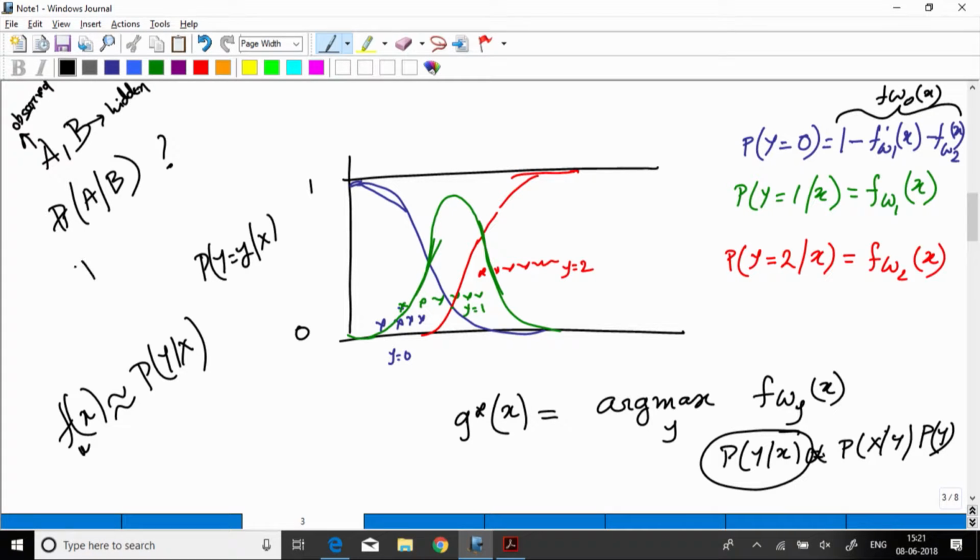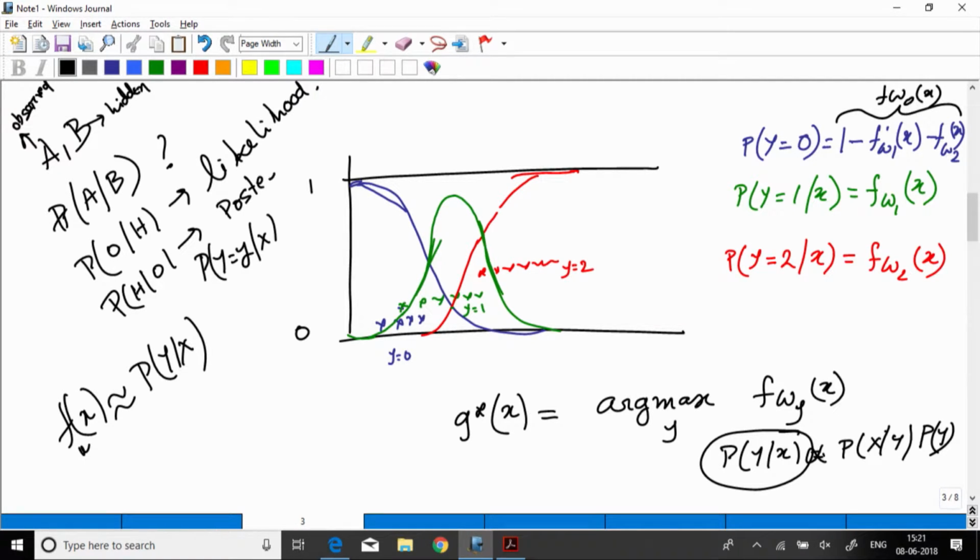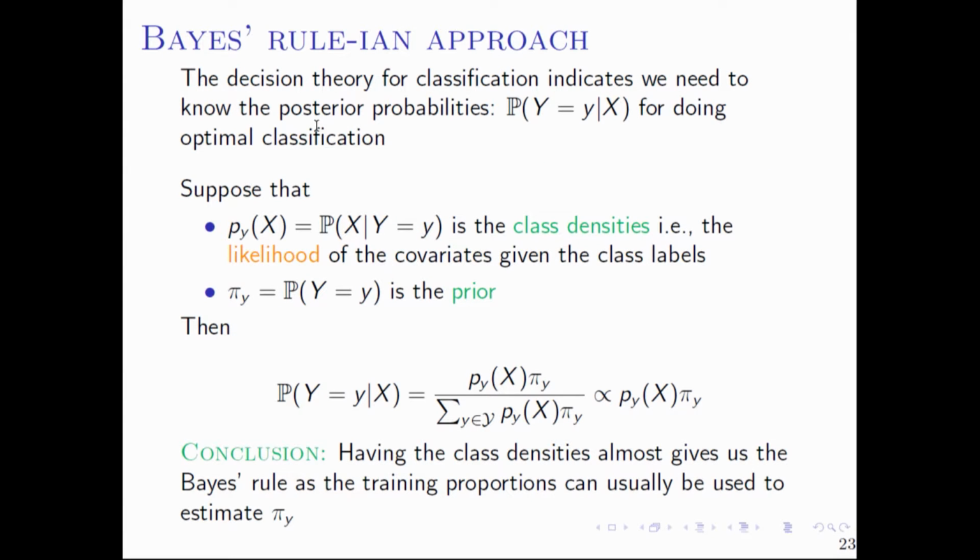So when it is the probability of observed given hidden, we say it is the likelihood. And when it is hidden given observed, it is the posterior.